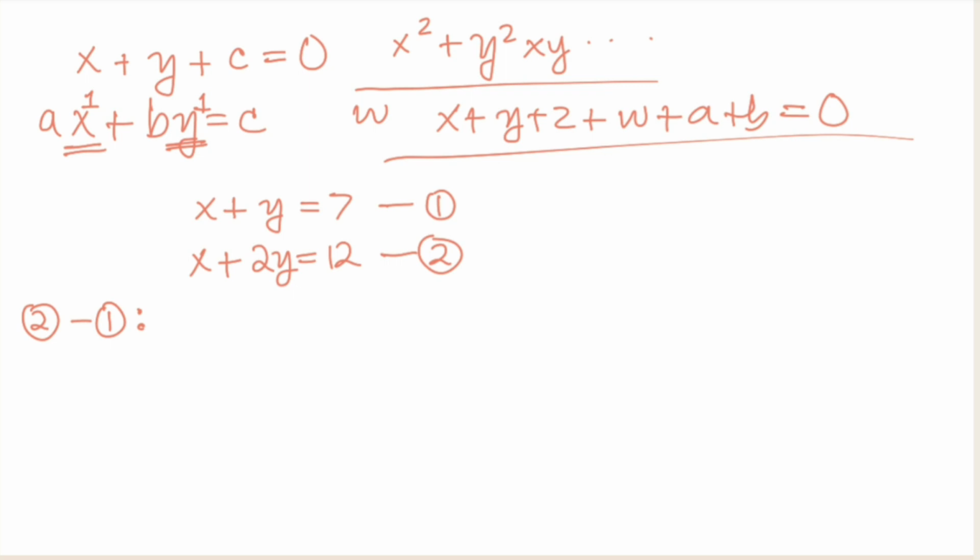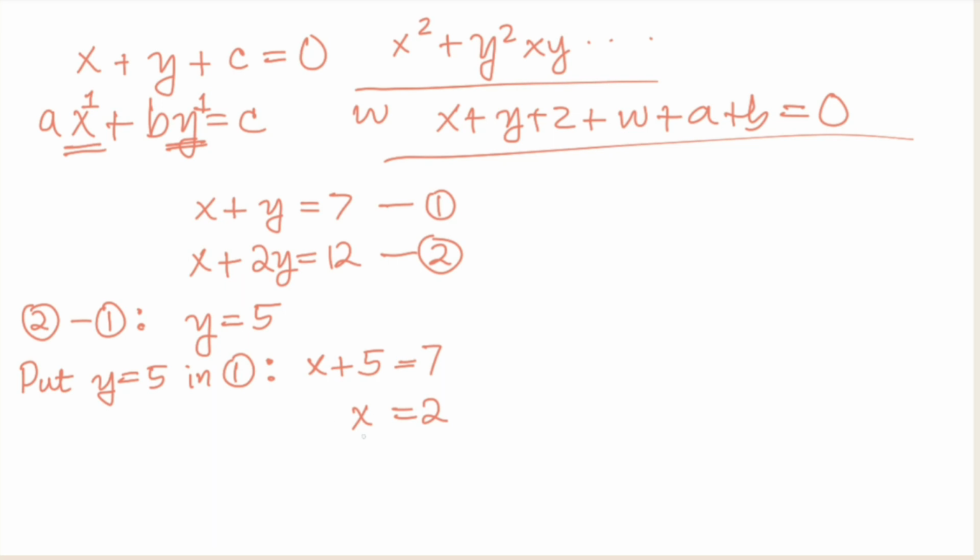What does that give us? That gives us y equals 5. And then we can substitute that value. So put y equals 5 in, let's say, equation 1. And what does that give you? That gives you x plus y, which is now 5, equals 7. That means that x equals 2.